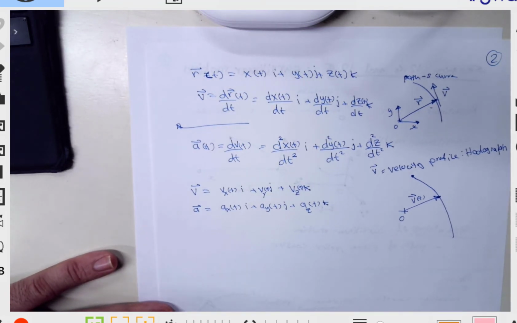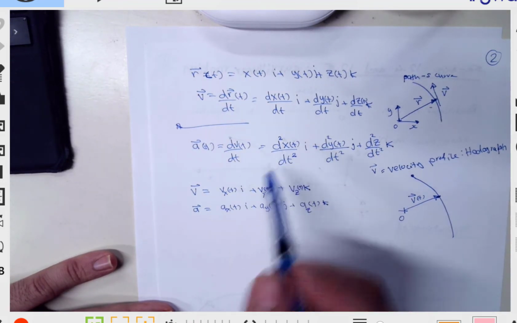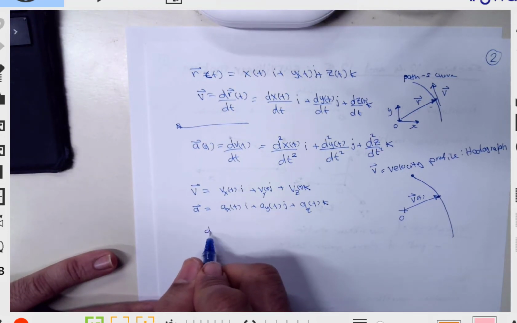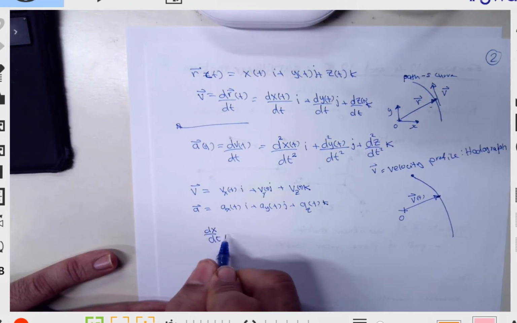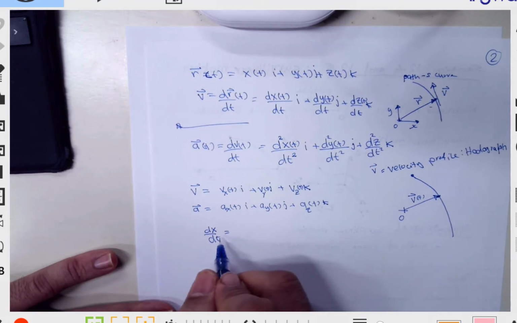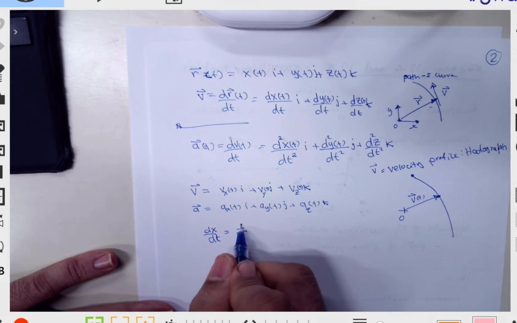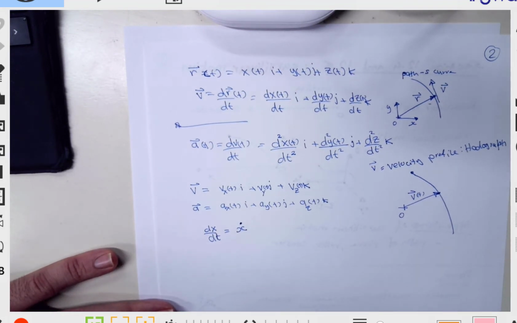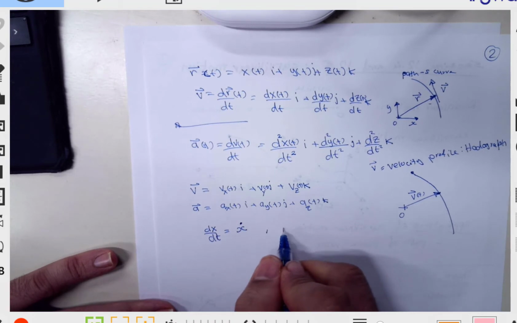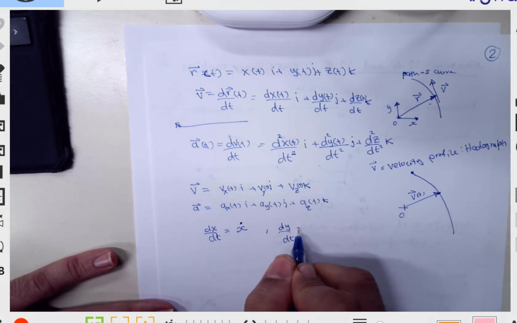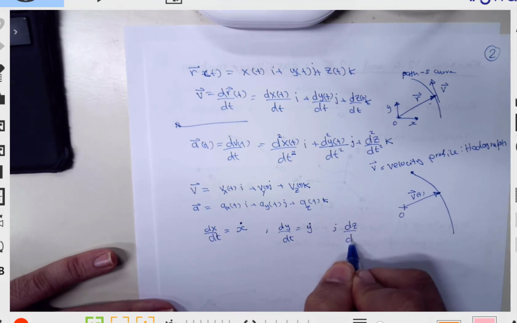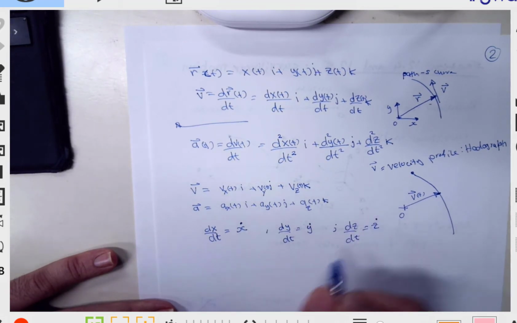Also, there's a simplified notation that describes the derivatives. Instead of writing dx over dt, you'll find most of the time we write x dot, referring to a derivative. Or similarly, dy over dt, y dot, and dz over dt, you can write it as z dot.